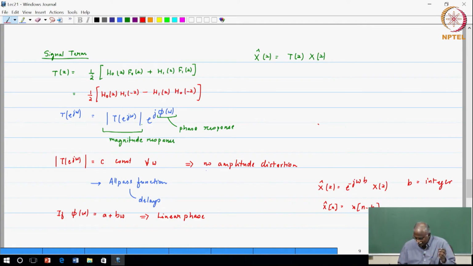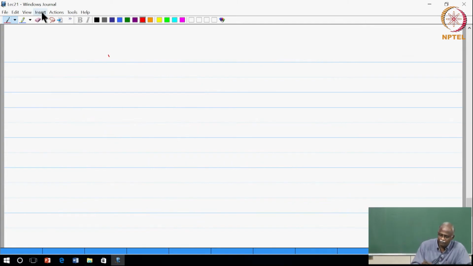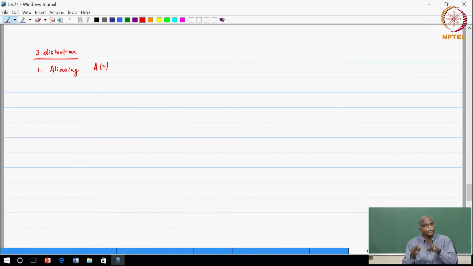So, to summarize, the key points are that we have 3 types of distortions in a 2-channel filter bank. The first one is aliasing distortion. Okay, that is represented by A of z. Only if and only if A of z is 0, then we can talk about the other one.